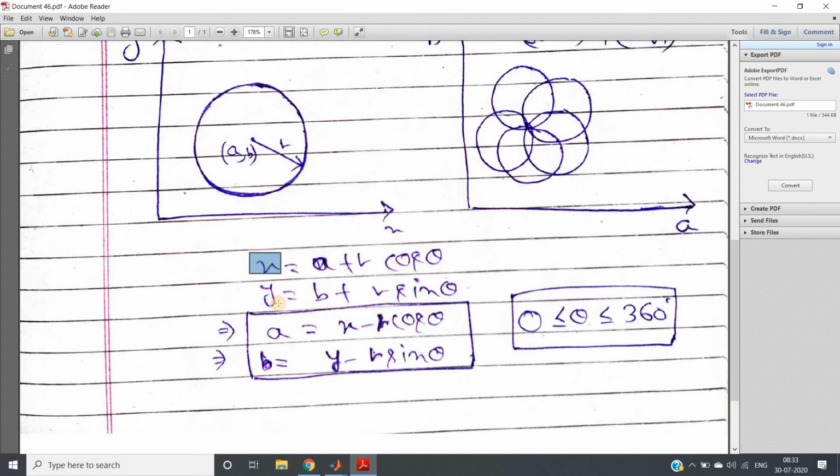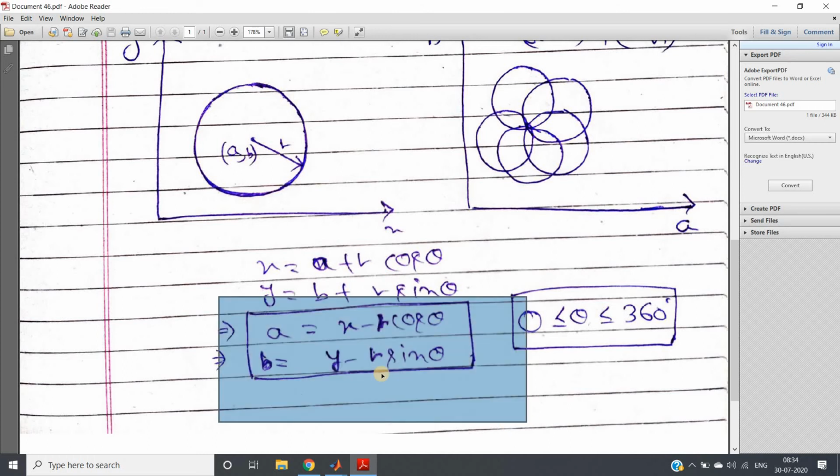Now our x and y are constant, that is the pixels of the edge detected output, and a, b we want to vary to get this kind of parameter space. So we can rewrite the equation as a equal to x minus r cos theta, b equal to y minus r sin theta. We will vary theta from 0 to 360 degrees for a particular r. a, b are variable, x, y are constant, and easily our job in the accumulator space will be done.